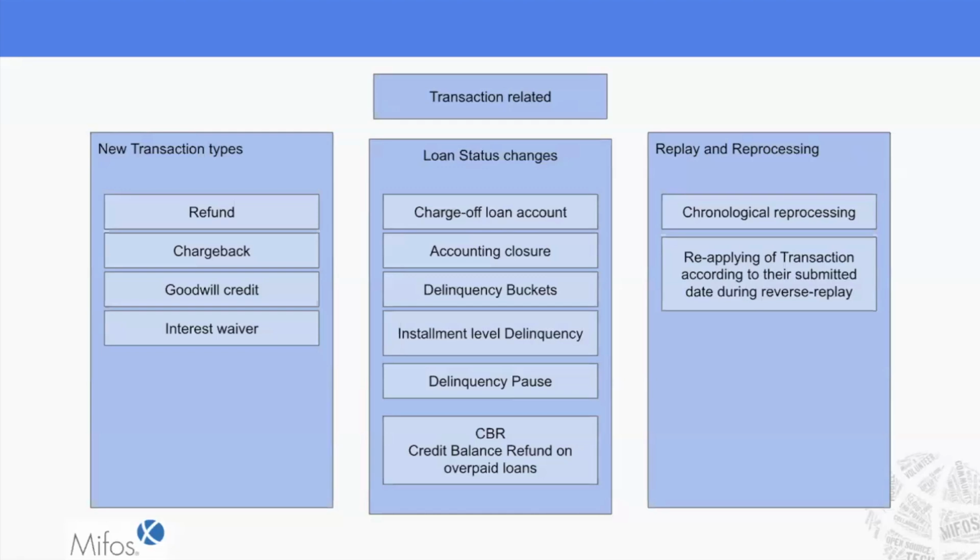So what I mean is, I think you will be familiar with the concept called reversing a repayment, right? You make a repayment, and after a number of days, we come to know that the repayment is wrong, or the bank rejected that repayment. So you will go and reverse the repayment. When we do a reversal, our loan balance will increase, and the customer has to pay that amount again.